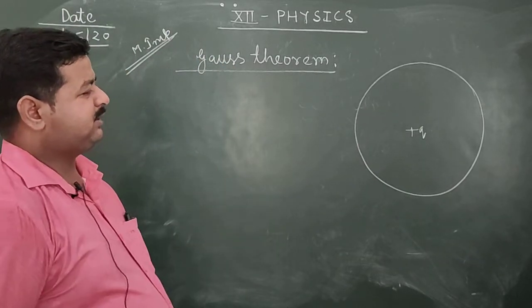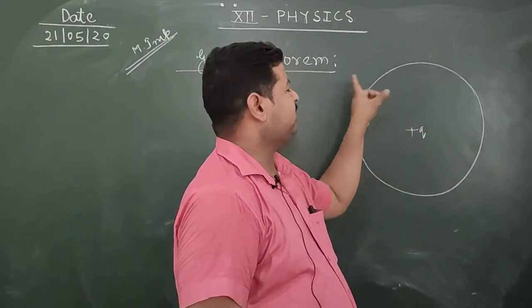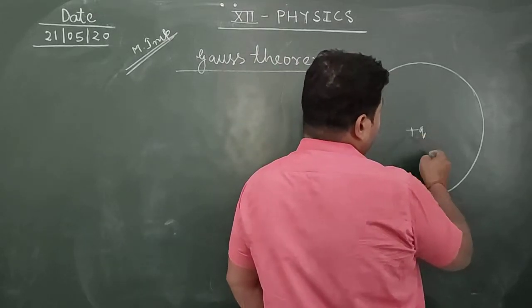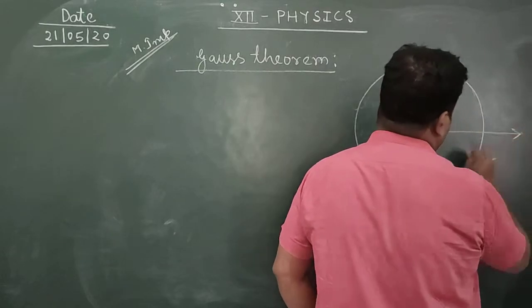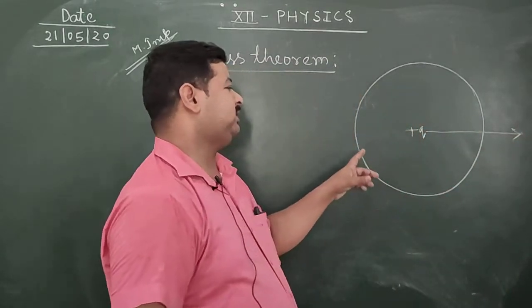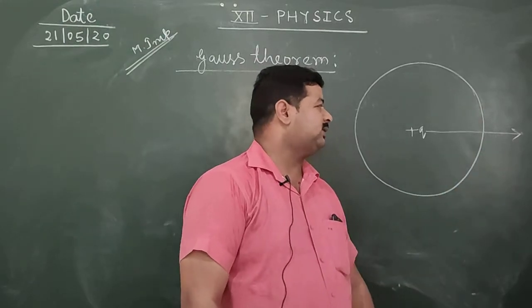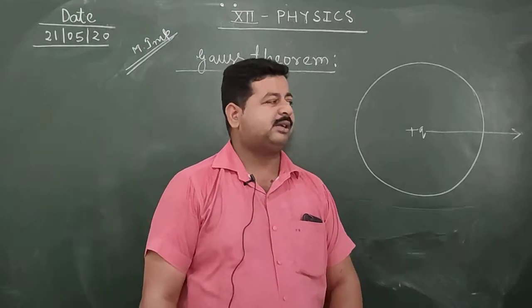Because a point is symmetric to the sphere, this charge will be enclosed by the sphere. If charge is enclosed by the surface, then electric field comes out from the surface, and those field lines pass through the surface, and the total number of electric field lines is known as electric flux.